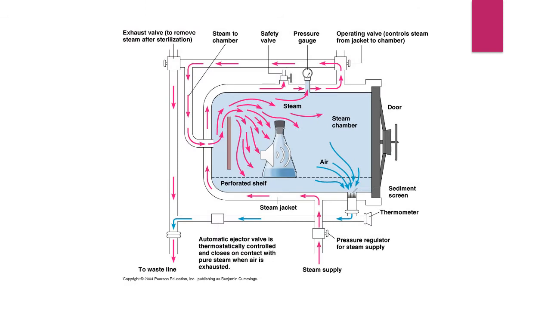This is how you usually apply steam pressure in autoclaving a particular culture media to eliminate organisms. The steam displaces the air in the particles that you are trying to autoclave.